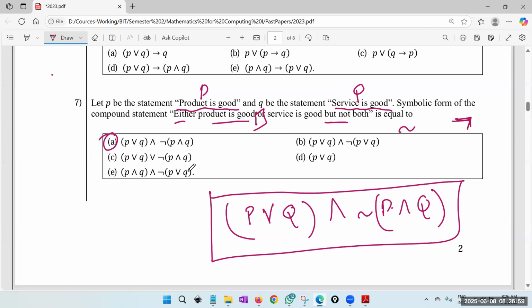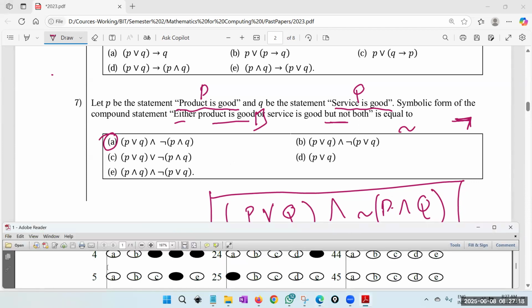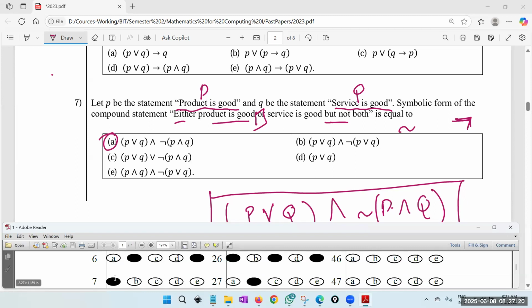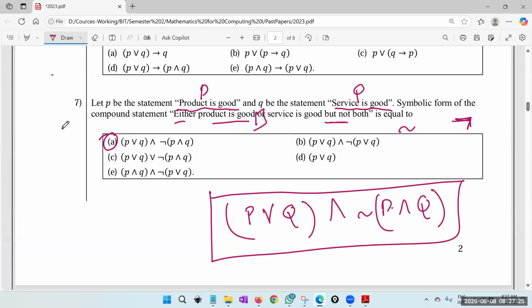In digital circuits we use a dash or a bar as well. I don't think this can be simplified into anything else, so I'll go for A. Yes, 7 is A. It's just putting it into symbols: product is good or service is good, but means and, not both.